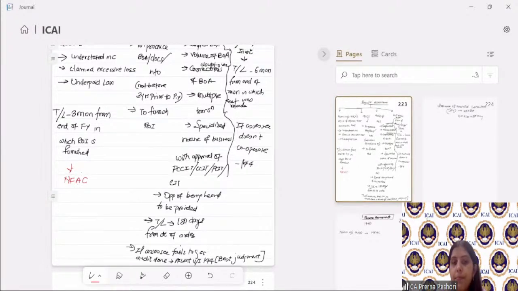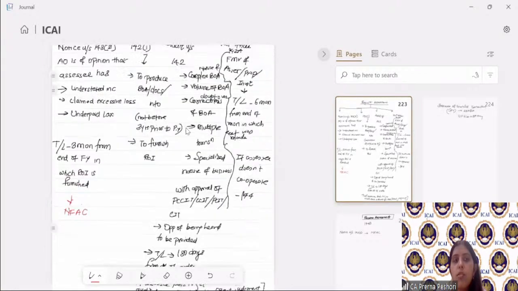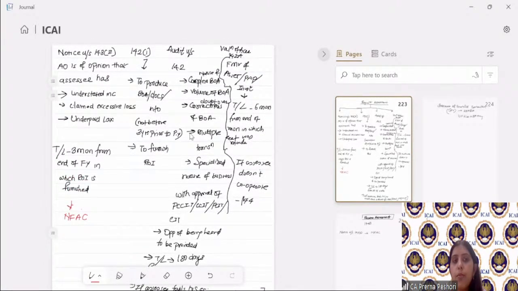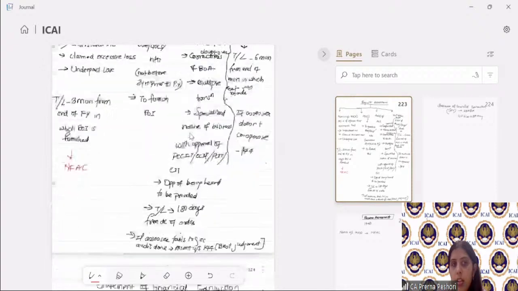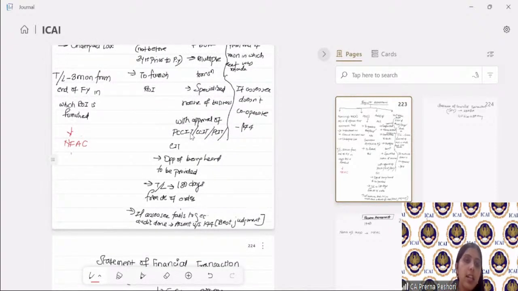Is that clear? Now, when the notice is issued to the assessee under 143(2), the assessee is required to submit the response within 15 days from the date of receipt of notice.